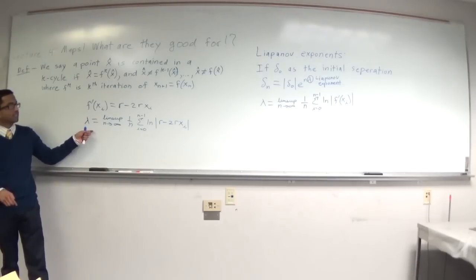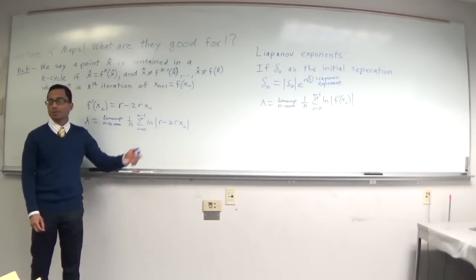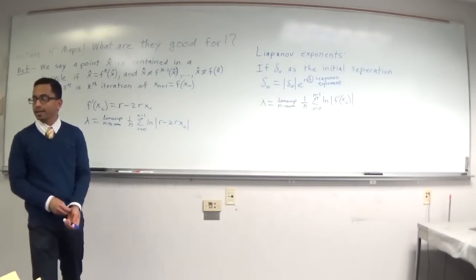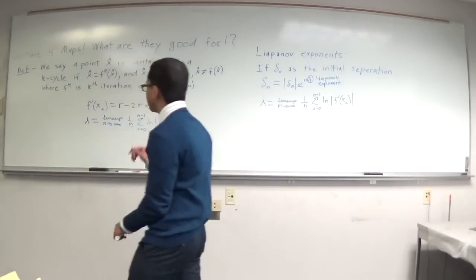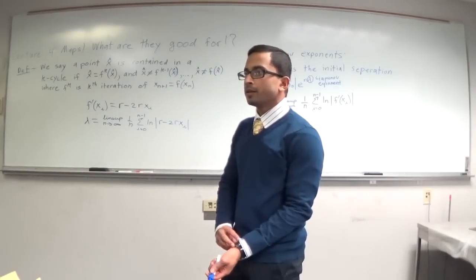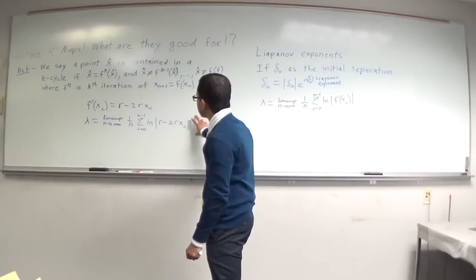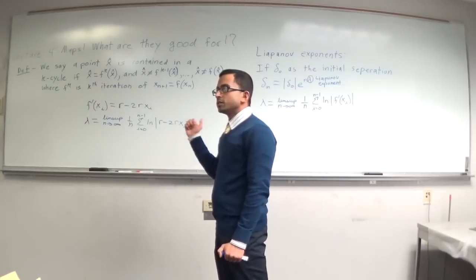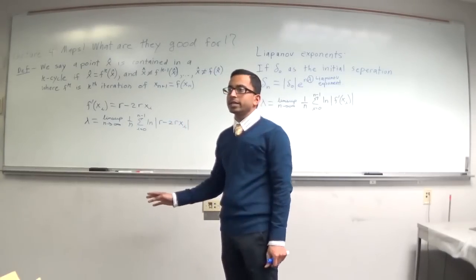Obviously it can be quite difficult to compute by hand, except for a few very nice systems. You can't really compute this by hand for the logistic map, but you can approximate it.